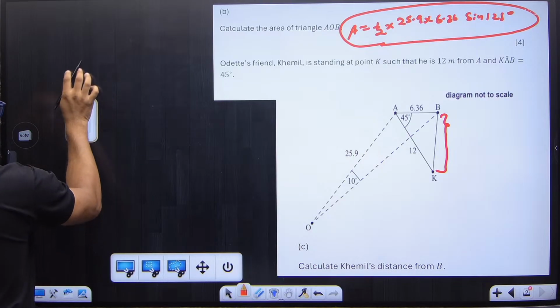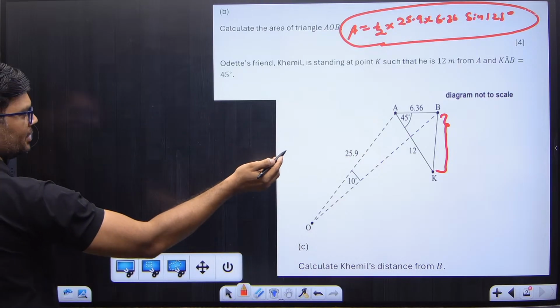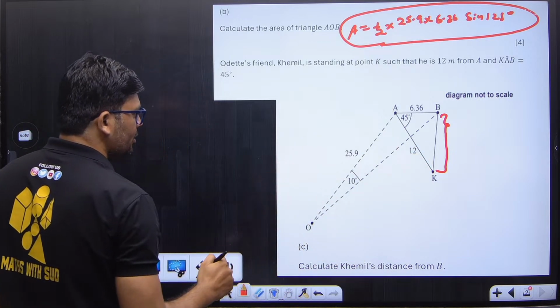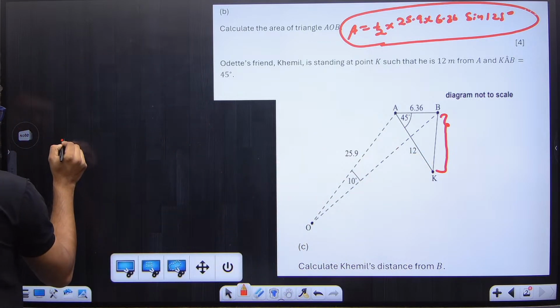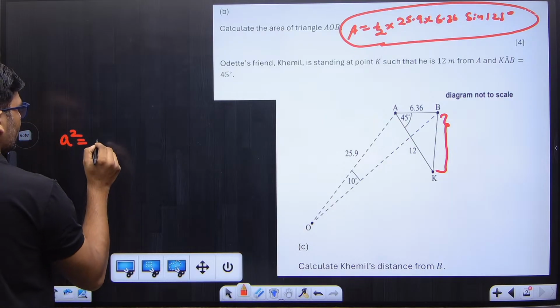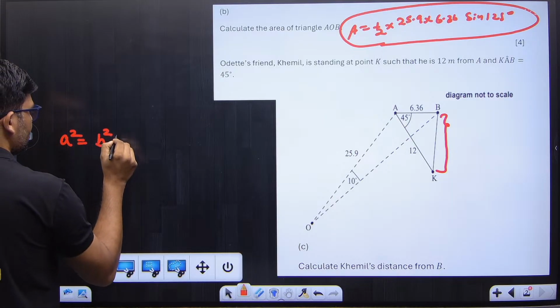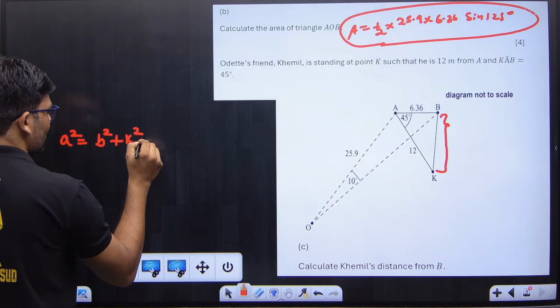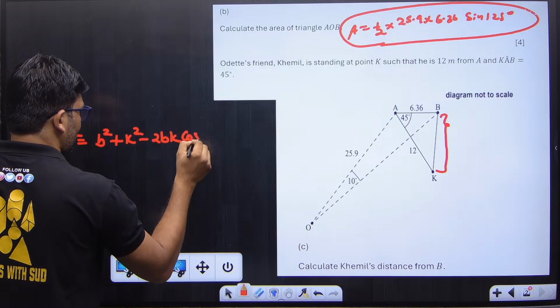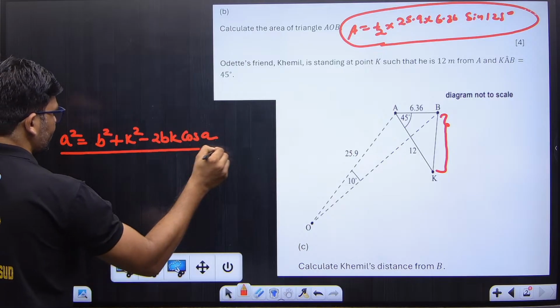Let us say the third side is A. So we will write A square is equal to B square plus C square minus 2BC cos A. This is the formula.